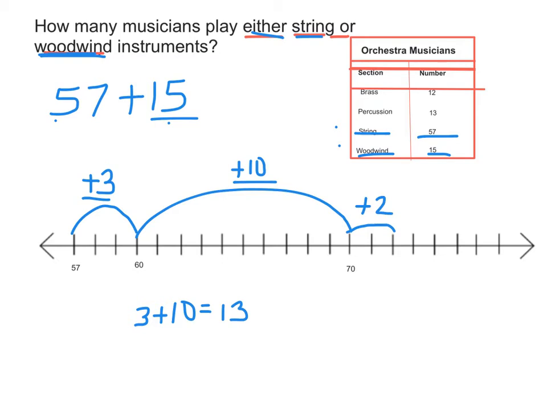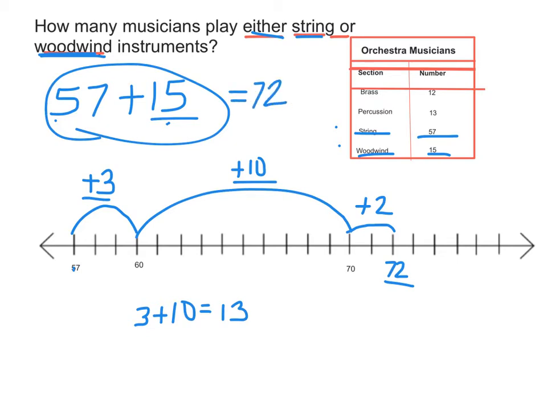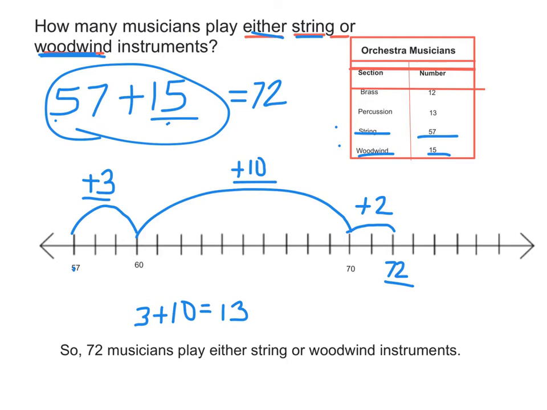So we moved from 57 all the way up to 72, which is a jump of 15, which is exactly what we had to do. So from 57 plus 15 gives us 72. So 72 musicians play either string or woodwind instruments.